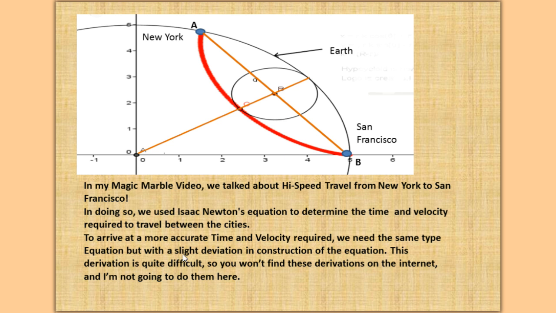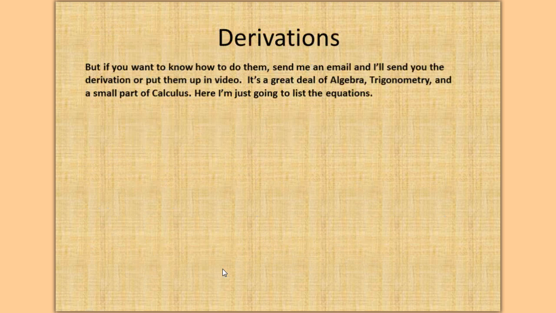To arrive at a more accurate time and velocity, we need the same type of equation but with a slight deviation in its construction. This derivation is quite difficult, so you won't find it on the internet, and I'm not going to do it here. But if you want to know how, send me an email and I'll send you the derivation, or I'll put it up in a video.